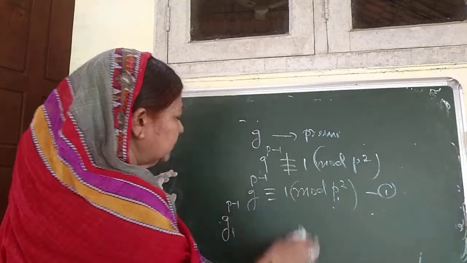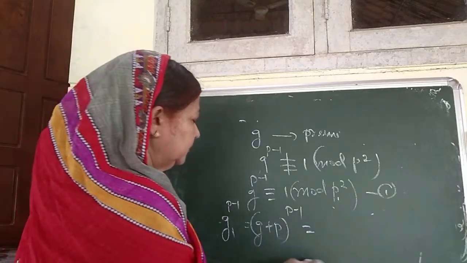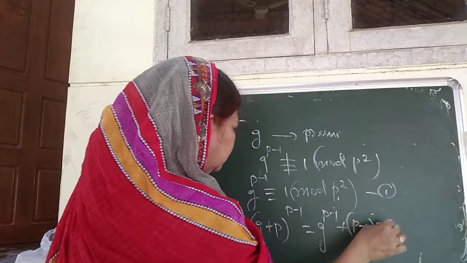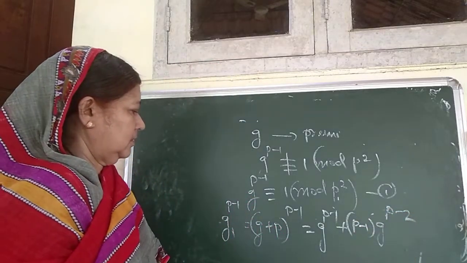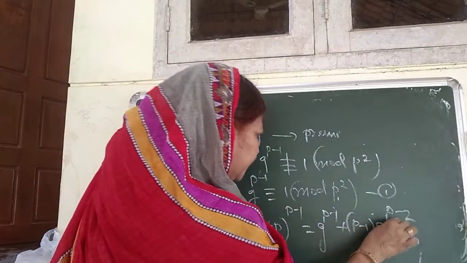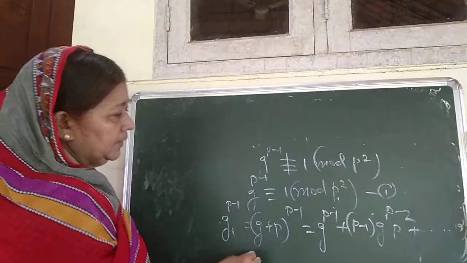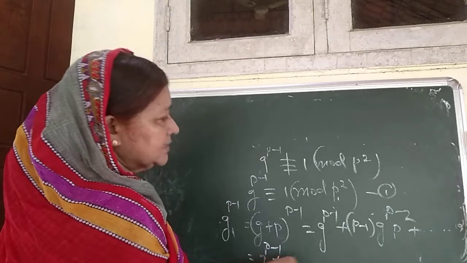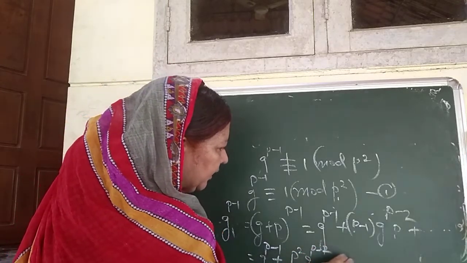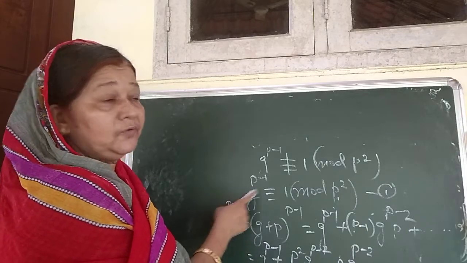But g1 equal to g plus p. So g plus p the whole raised to p minus 1 is equal to g raised to p minus 1 plus p minus 1 into g raised to p minus 2 into p plus etc. That is equal to g raised to p minus 1 plus p square g raised to p minus 2 minus p into g raised to p minus 2 etc. But we have assumed that g raised to p minus 1 is congruent to 1 mod p square.